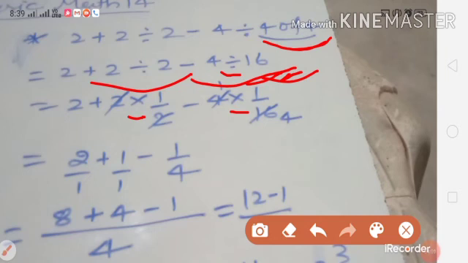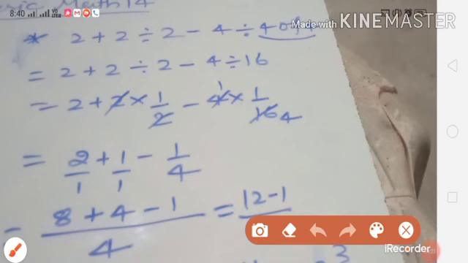You know that after divide here is 2, so the inverse is 1 by 2. After divide is 16, so the inverse is 1 by 16.